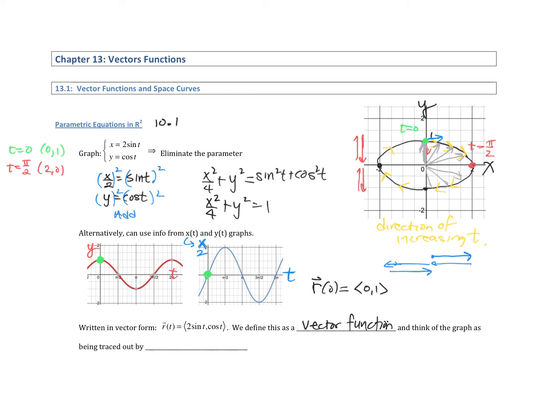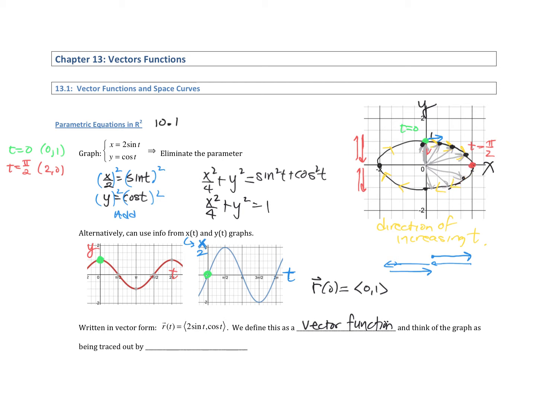Now those vectors that are generated here, that's not what we're going to call the graph of the vector function. Graphing all those vectors is not what's going to be called the graph. What is going to be called the graph is that if we picture on the tip of those vectors some paint, the graph of the vector function would be that path that is traced out along there.